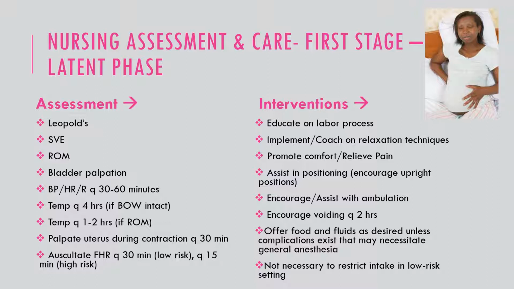We can encourage ambulation if there are no contraindications, so meaning we would never encourage someone to ambulate if their membranes were ruptured but the presenting part was not engaged.